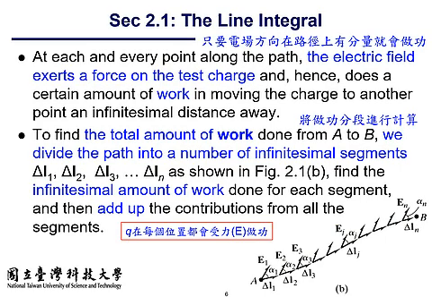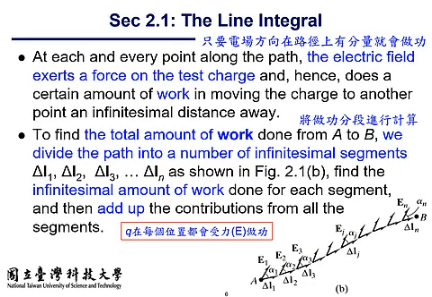On the other hand, if the charge is moved perpendicular to the direction of electrical field, it will experience no work. It will experience no electrical force. So to do work on the charge, the charge must move along the electric field direction, or its direction must have a component projected onto the field direction, and only then can you accumulate work. If the movement is orthogonal to the field direction, there is no force and no work. Okay?